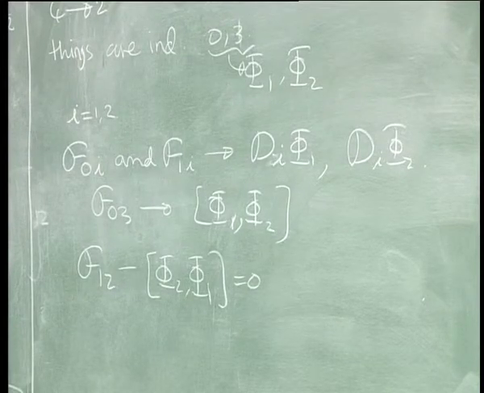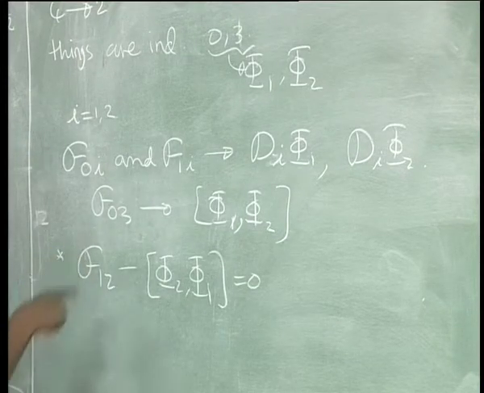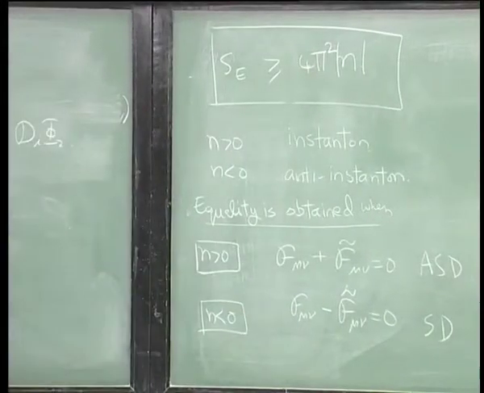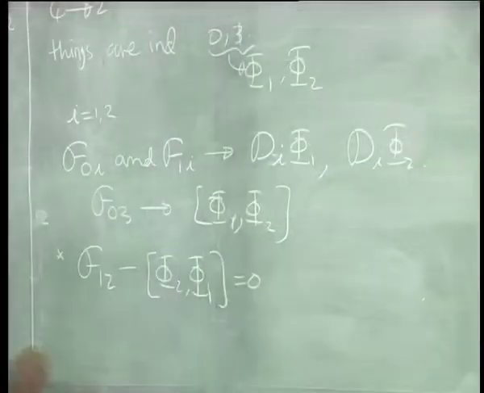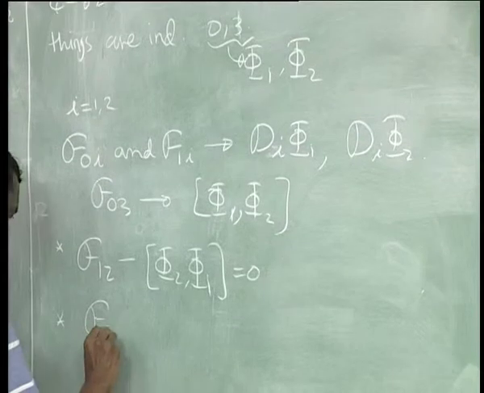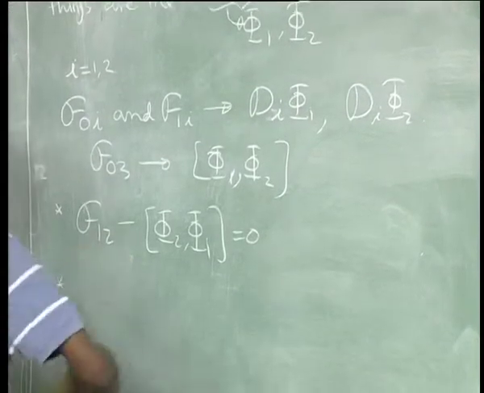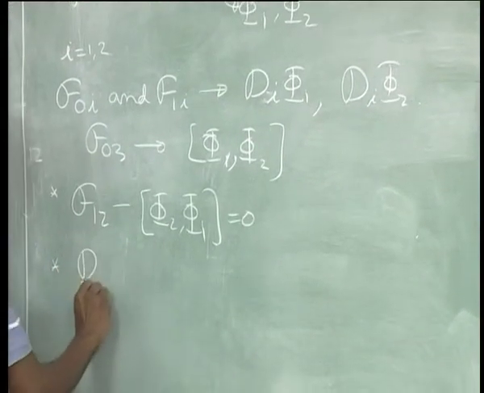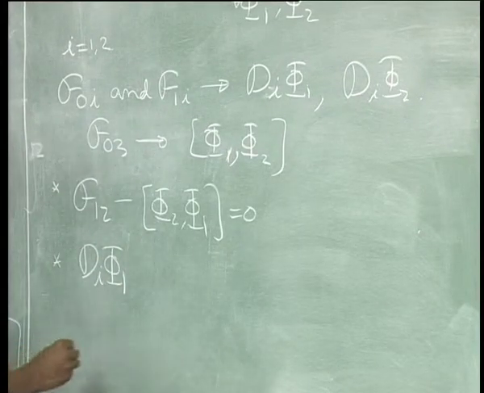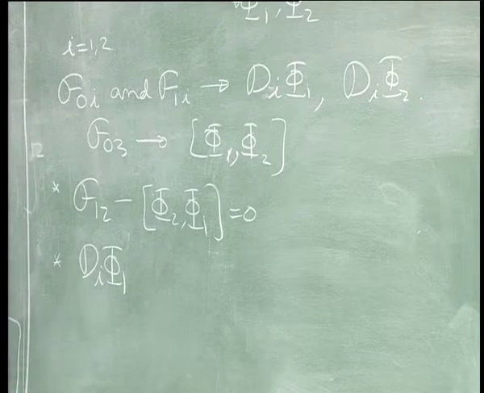Okay. But there is still one more equation I could have considered. I could have considered F0I here, then I will get the other guy. So, what we will get is something like this: F01, which would become D_i of phi 1, will become equal to the other guy.